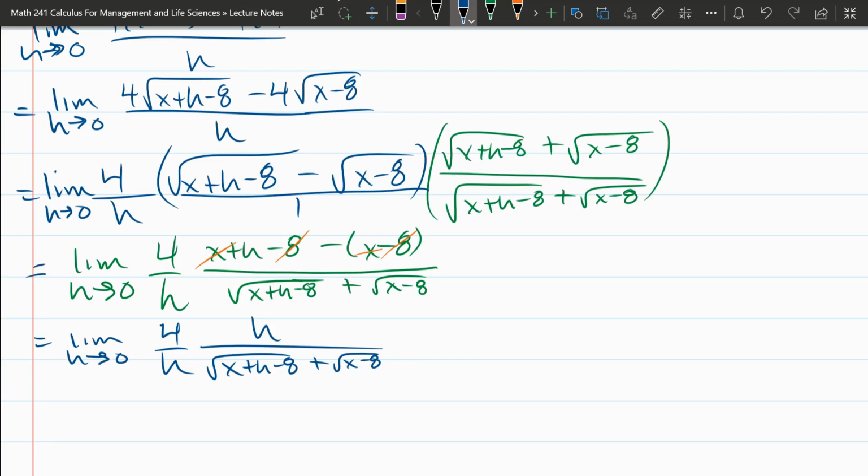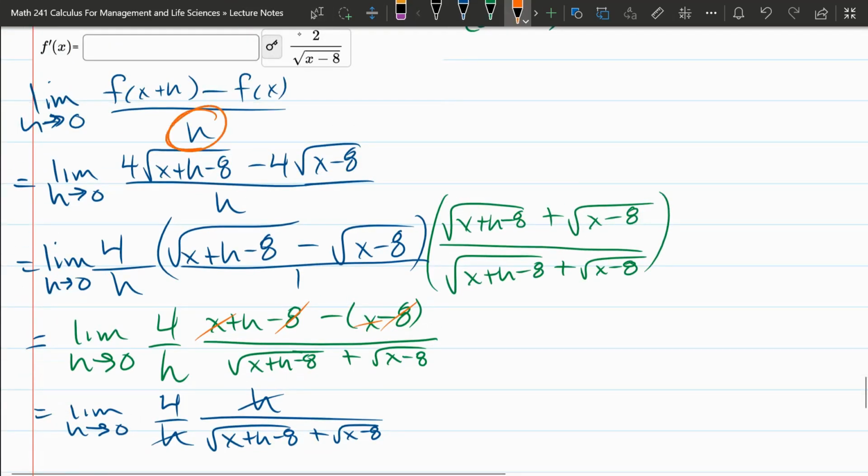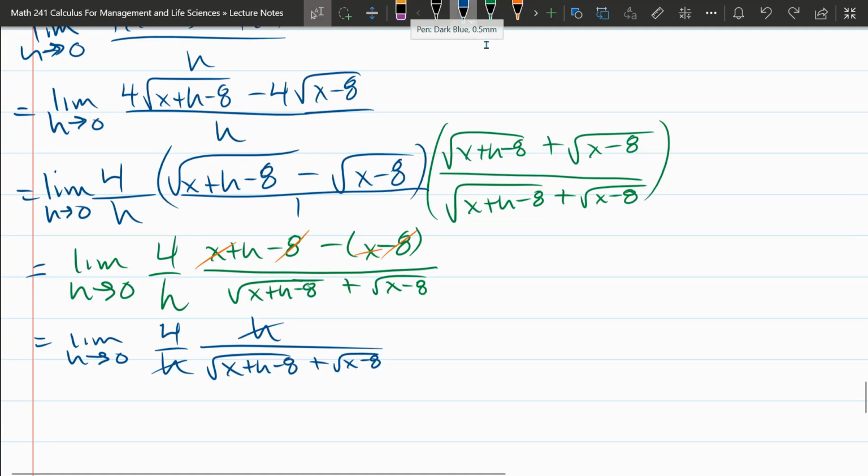So finally here, we have divided by h, multiplied by h. Those two cancel out. And remember, whenever you're doing a difference quotient, the entire algebraic goal is to get rid of or cancel that h in the denominator. So we have finally canceled the h on this last step.